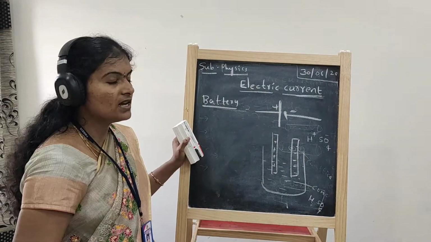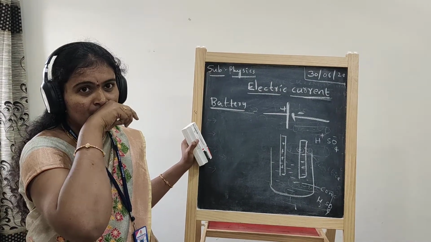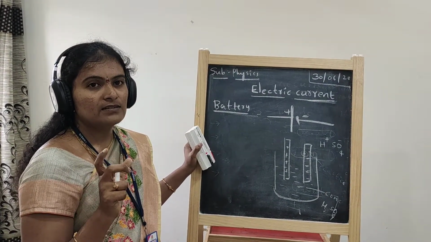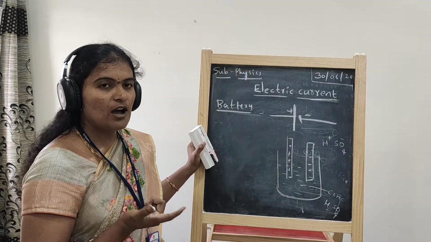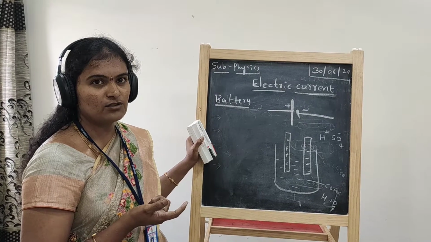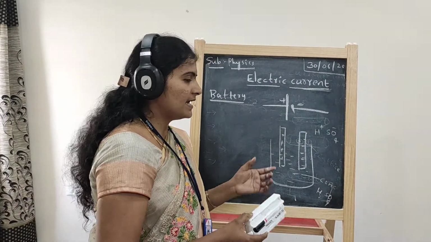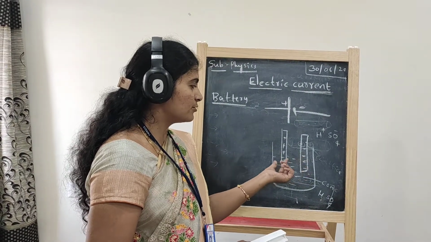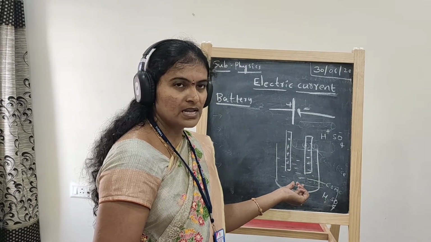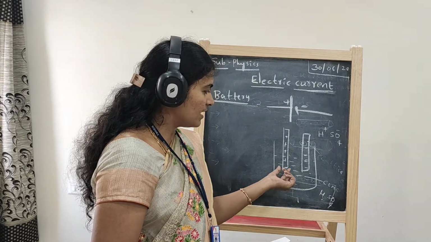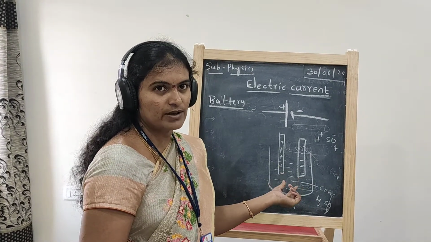Then we connect that in the circuit. So what is the definition of the battery? The battery is the device which converts chemical energy into electrical energy. How? Already in 8th class, in the electrolysis process, we used a zinc plate and a graphite plate as electrodes and concentrated sulfuric acid as the electrolyte. The electrolyte has both positive and negative ions.